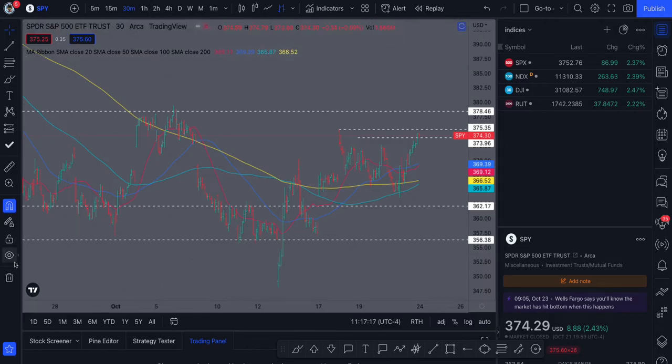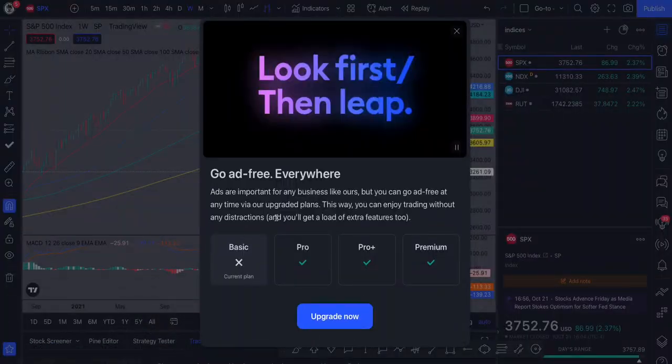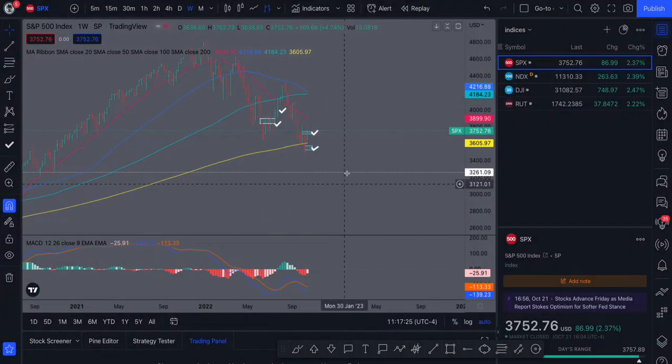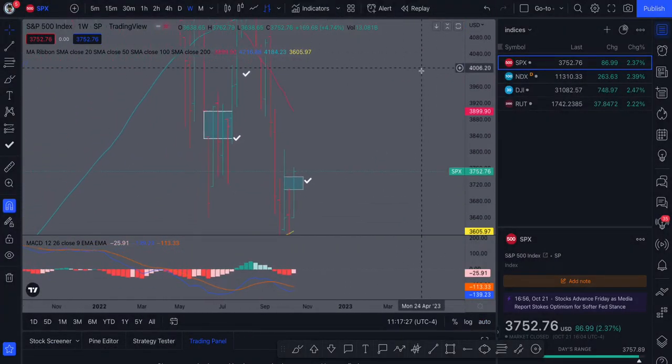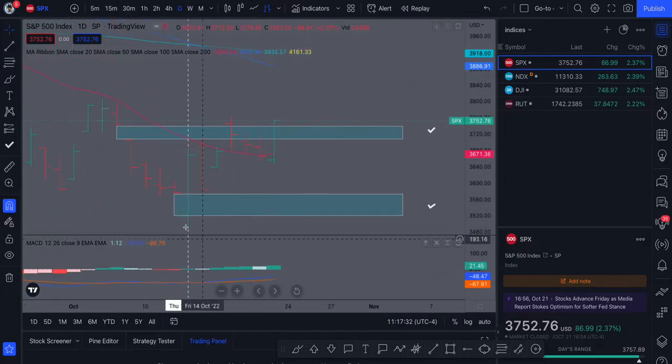So let me go to the SPX because I have this more marked up. So this is kind of one of the main ways I figured out some of the levels to go for. These gaps. Once again, I've gone over this gap before. I know technically not a gap, but that was the fourth or fifth largest intraday reversal for the S&P 500 of all time. So yeah, I'll count that. But yeah, see, this is kind of how I determine my level, and you can see about 373 right there.